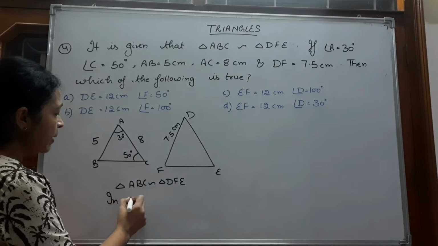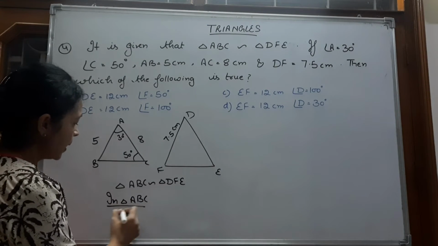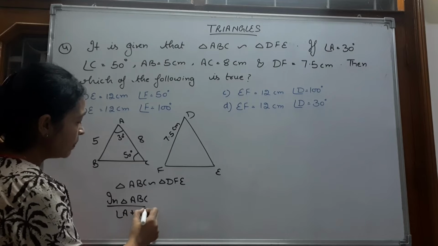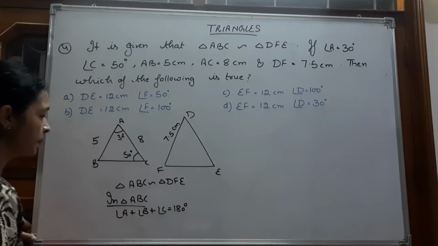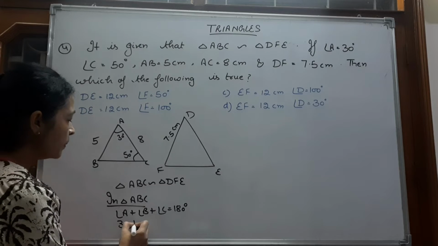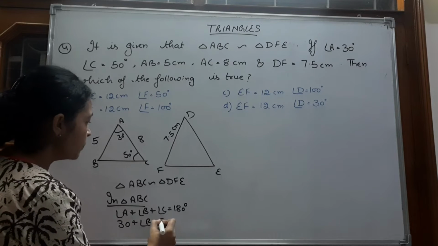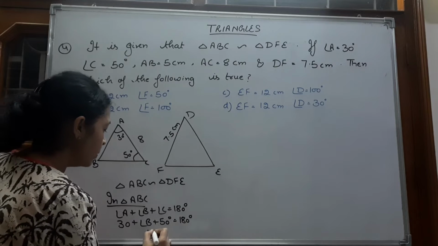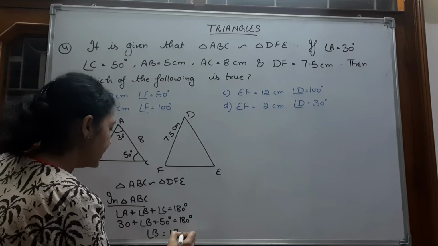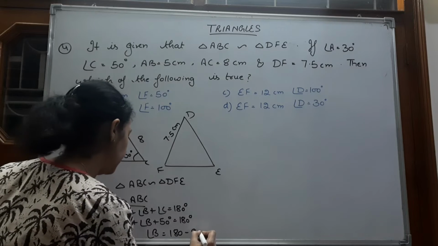In triangle ABC, angle A plus angle B plus angle C equals 180 degrees. Angle sum property. So 30 plus angle B plus 50 degrees equals 180, and angle B equals 180 minus 80.